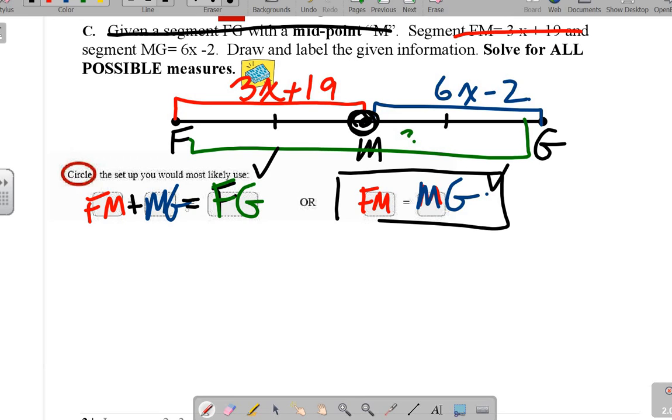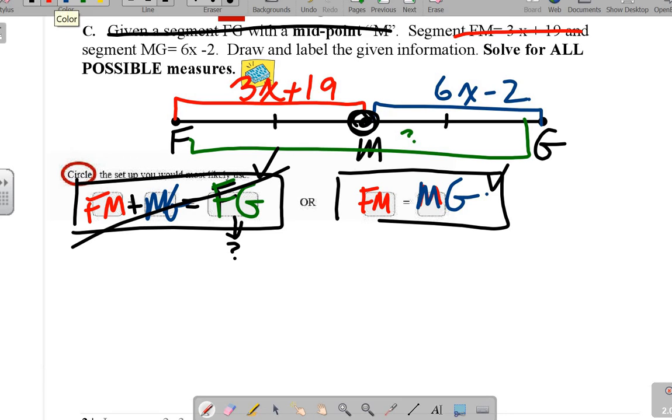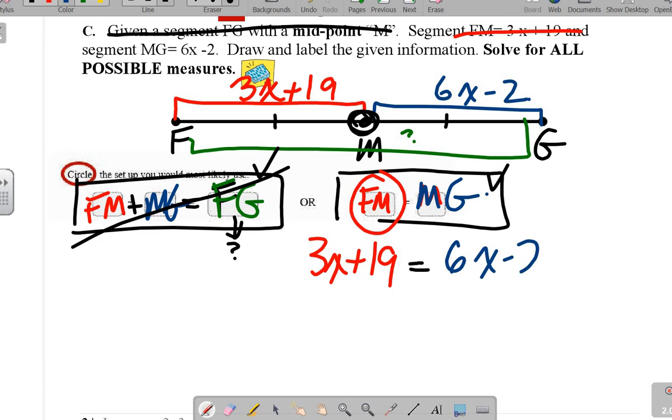The reason is this one, there's nothing there. So although it's true, it's not helpful. That's how you kind of eliminate where you're going to go here. So circle, plug, chug. You've got 1 minute to find everything possible. Go.